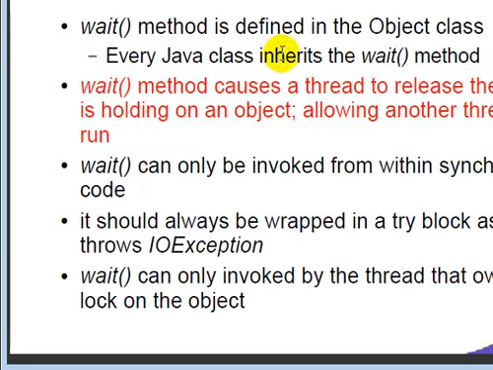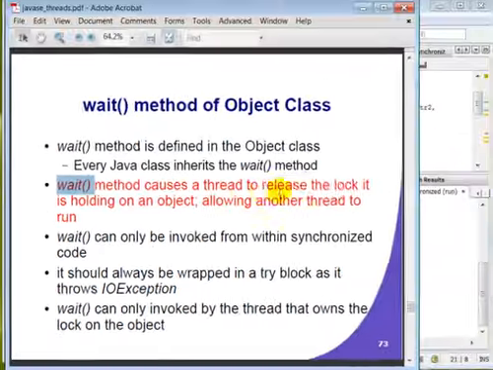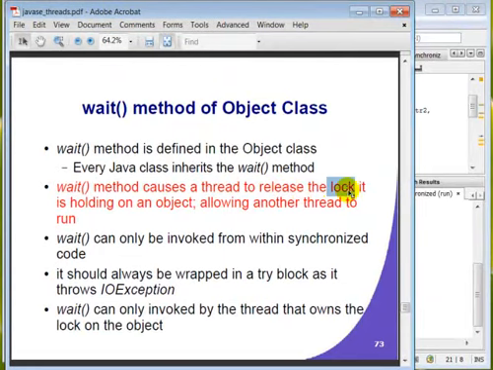So the wait method is defined in the Object class. Every Java class inherits the wait method, meaning every object instance can be invoked with wait. When the wait method is invoked, it causes a thread to release the synchronized lock it is holding on an object, so that another thread is able to run.